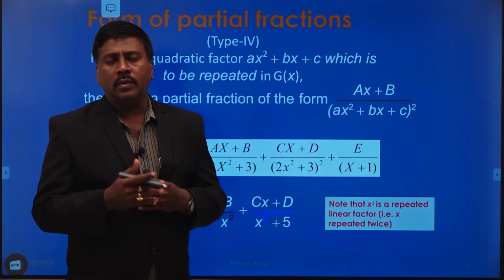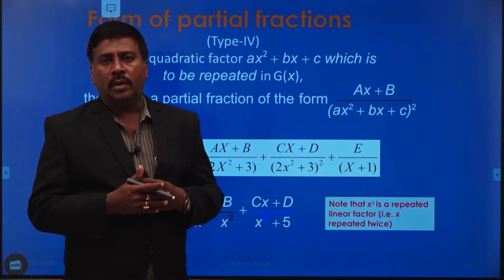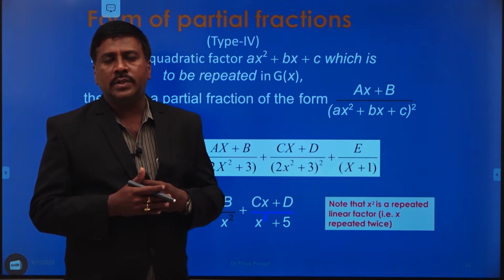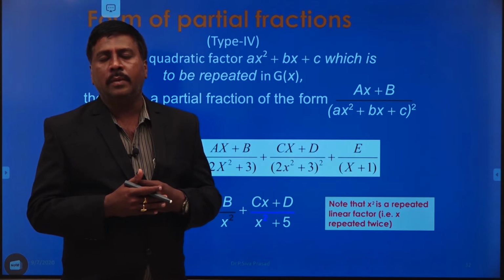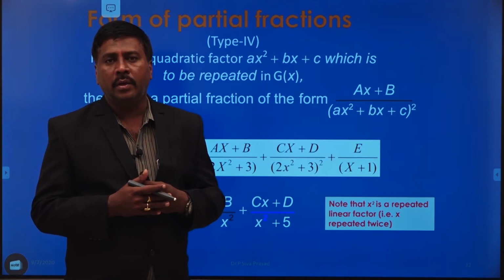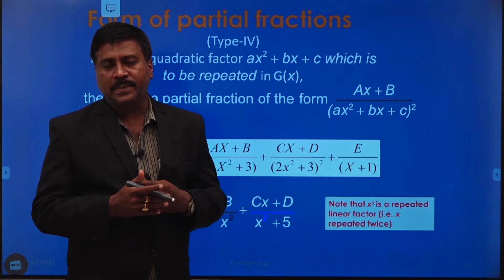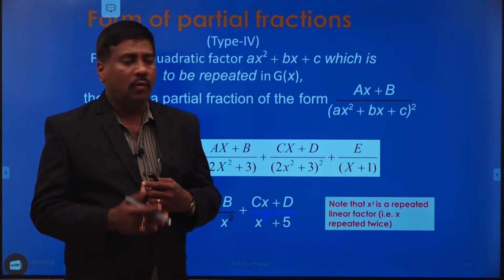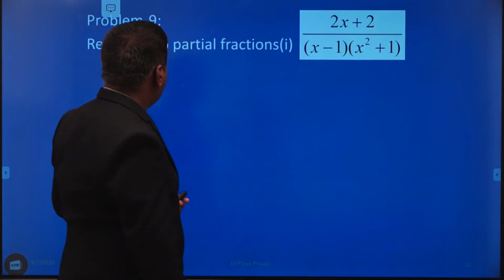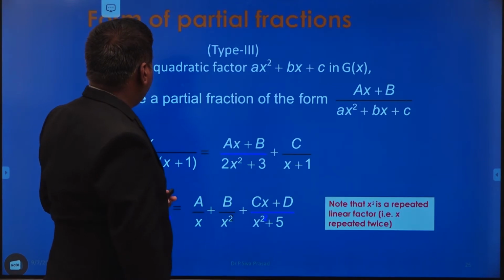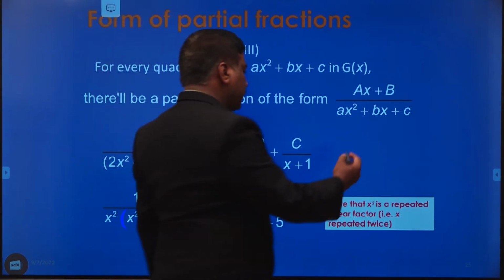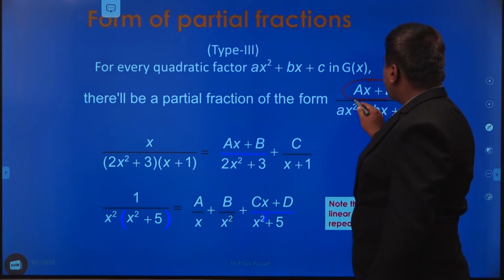Also in the third part, the quadratic form occurs which is non-repeated. Then the partial fraction we consider is in the form of Ax plus B by ax square plus bx plus c.